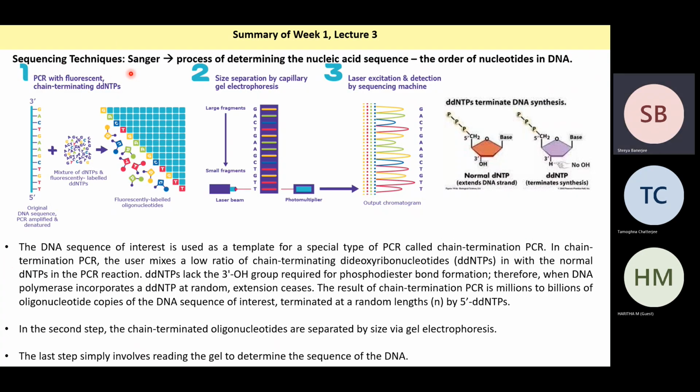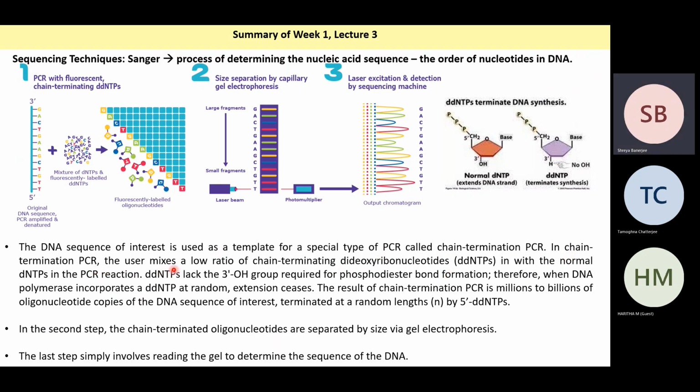And a method of DNA sequencing called Sanger sequencing was also discussed, which is the process of determining the nucleic acid sequence. So this DNA that we want, the DNA of interest, is used as a template for a special type of PCR called the chain termination PCR.